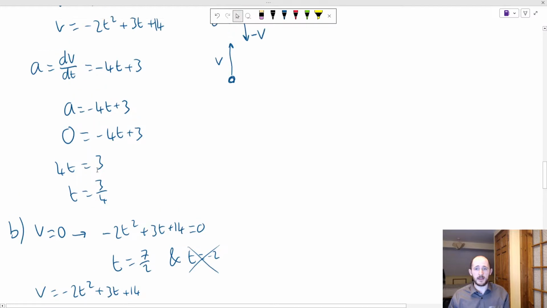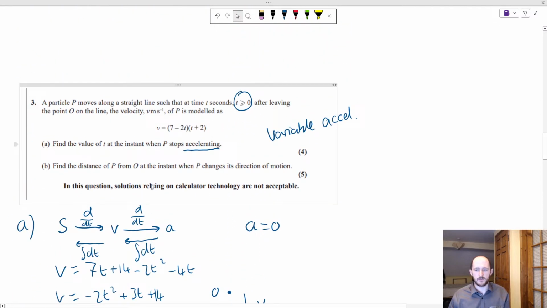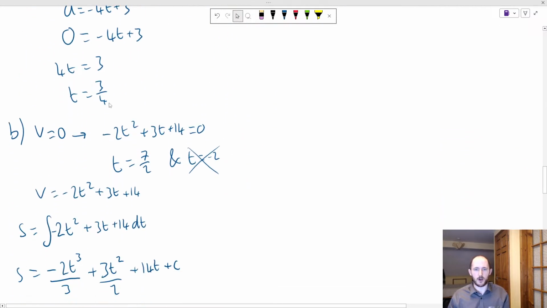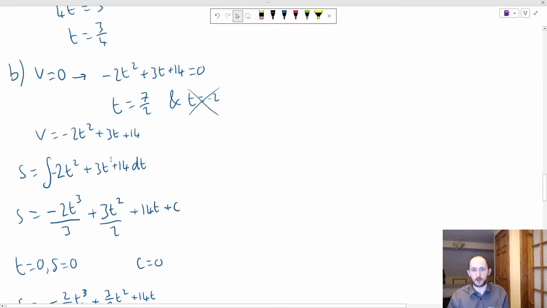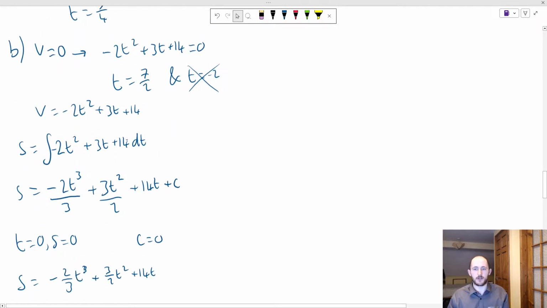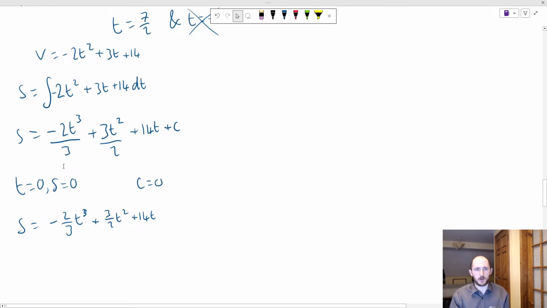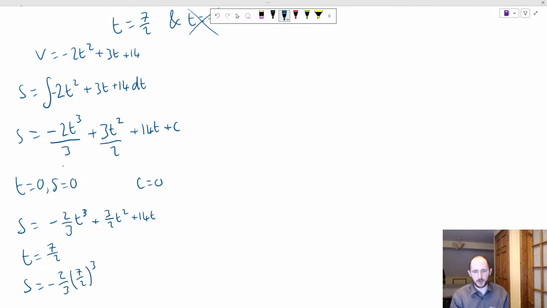And all it's asking me is the distance from the origin. So I just sub in my time is 3/4. Sorry, not 3/4. 7 over 2. Spoilers. T equals 7 over 2. So we get S equals negative 2 over 3 times 7 over 2 cubed plus 3 over 2 times 7 over 2 squared plus 14 times 7 over 2.